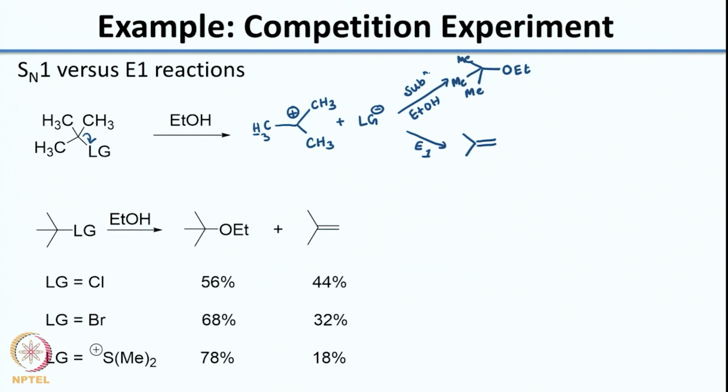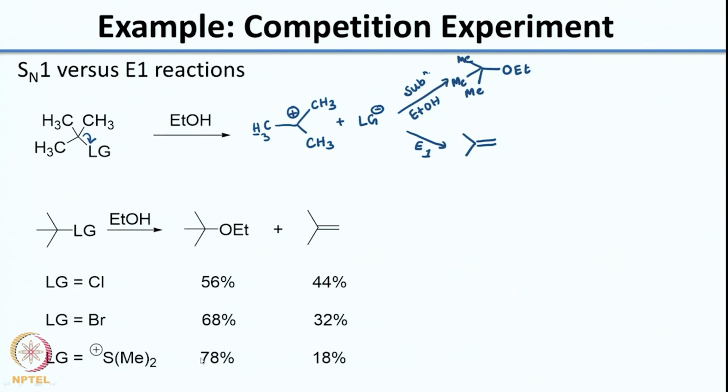In the case of Cl and Br, what you see is that you have quite a bit of competition between the substitution as well as the elimination. Whereas when you have a charged leaving group, what you see is that you have a greater extent of substitution.